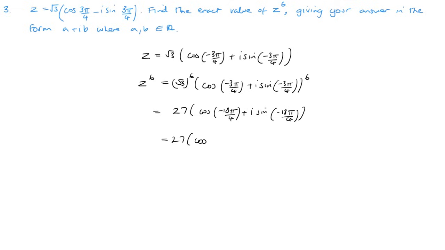I'll take the extra steps here. So minus 9 pi by 2 plus i sine minus 9 pi by 2.